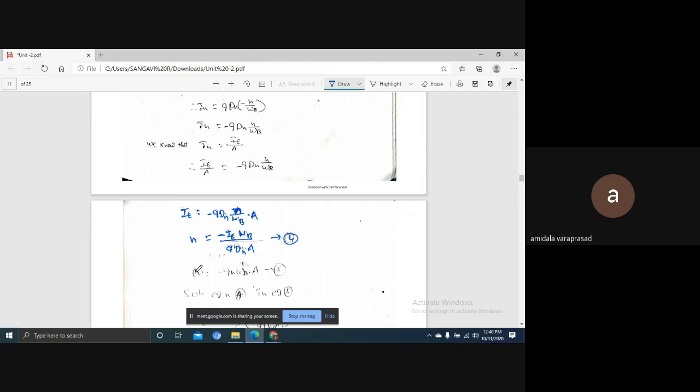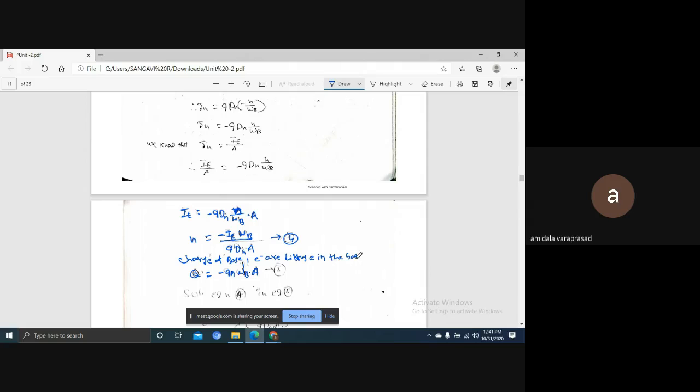Next, generally we know that Q, the charge at the base, is equal to minus q into n into W_B into A. Here the electrons are diffused in the base.